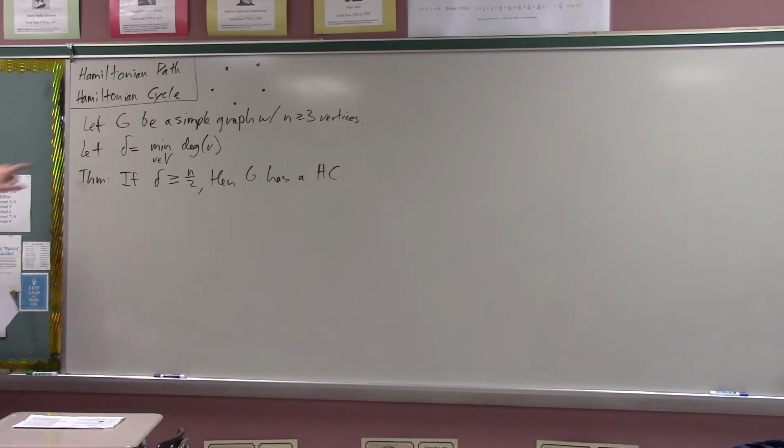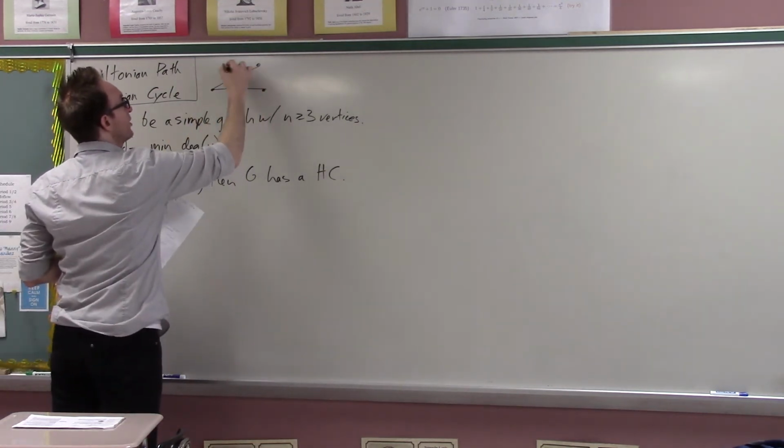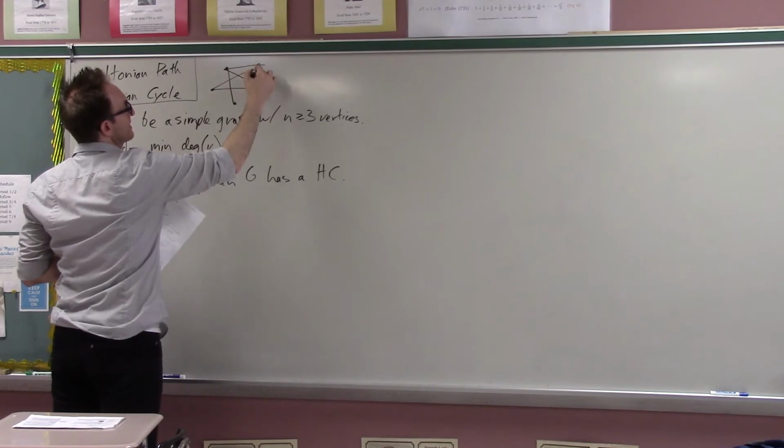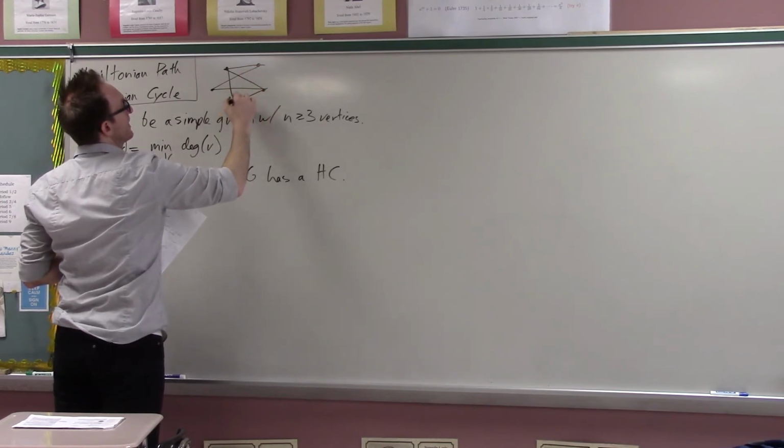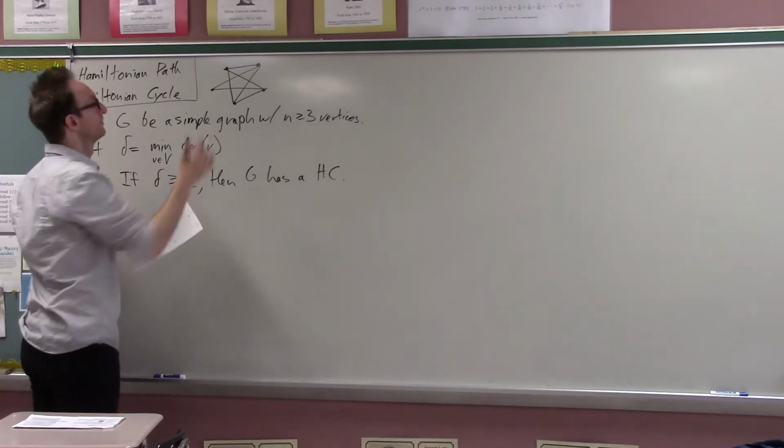So what this says is, if this condition is met for this particular fake graph I'm about to draw, then that would mean that everyone is friends with at least 2.5 people, which means that they're friends with 3 people. So every vertex has to have degree 3 or more.